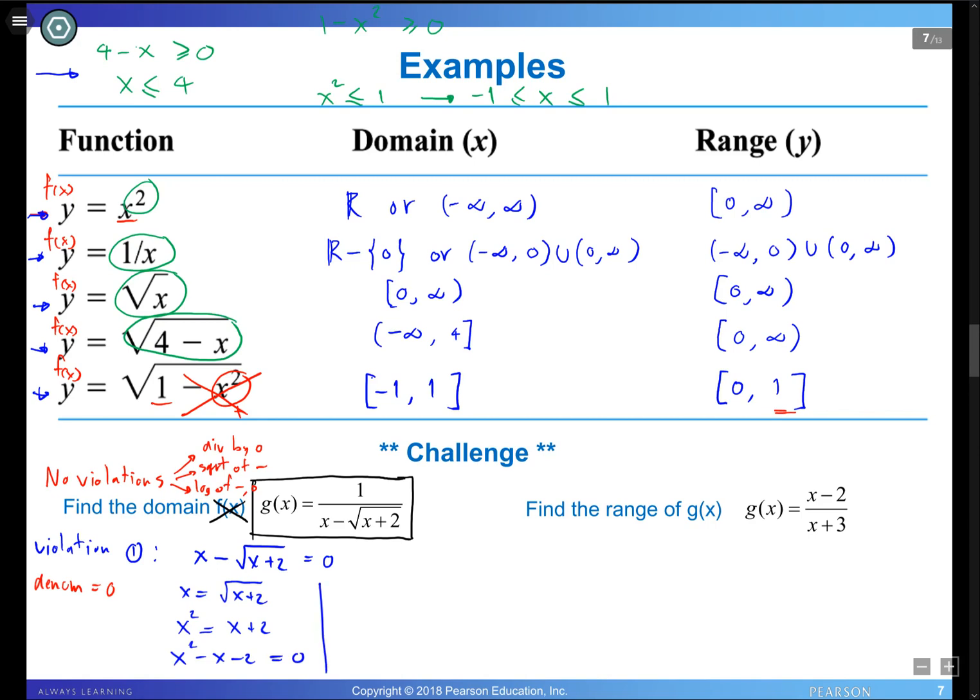We do some factorization: x minus 2 and x plus 1 equal to 0. Solving this, you know right away, x equal to 2 and minus 1. That is where the violation would occur, at x equal to 2 and x equal to minus 1.